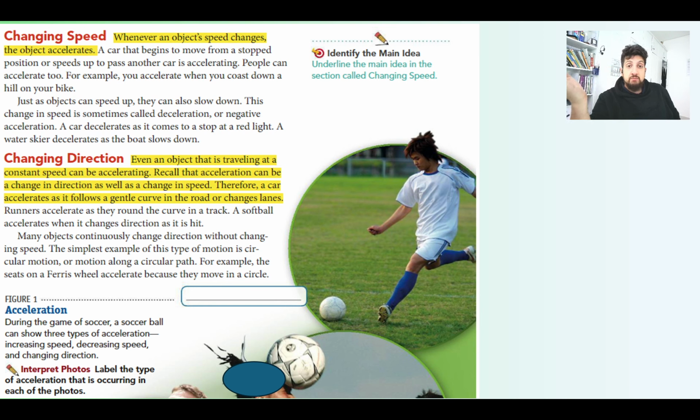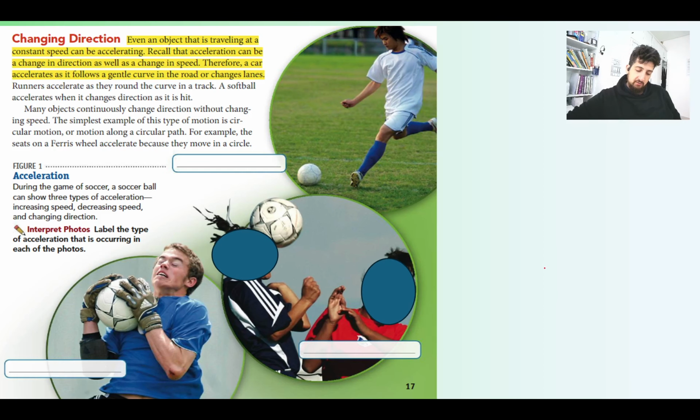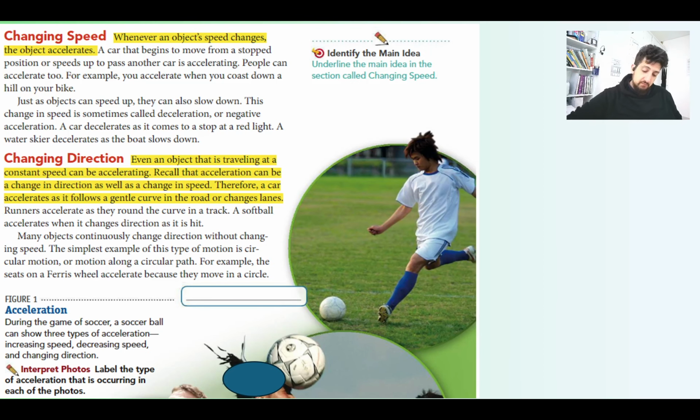But it's the same. It's still acceleration. It's just changing speed. So once you know that, then you know that anytime an object is changing its speed or changing its direction, it's accelerating. So let's say, for example, an object is moving this way. Oops, let's go back. In a straight line.